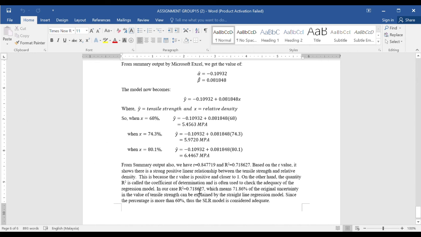In our case, the R square means there is 71.86% of the original uncertainty in the value of tensile strength can be explained by the straight line regression model. Since the percentage is higher than 60%, thus the SLR model is considered adequate and it is valid. So here is all for question D. Thank you.